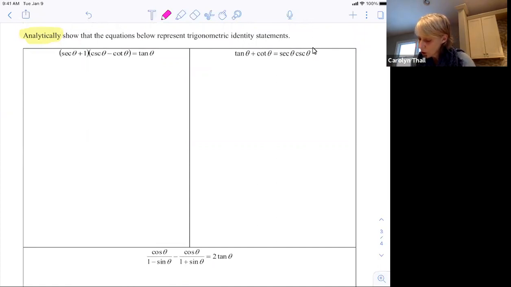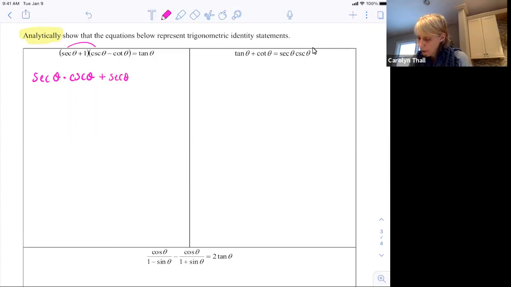Show that the equation, so secant theta, I want to look at the math. I have to FOIL that side. So I'm going to have first times first, secant theta times cosecant theta, outside plus secant theta.